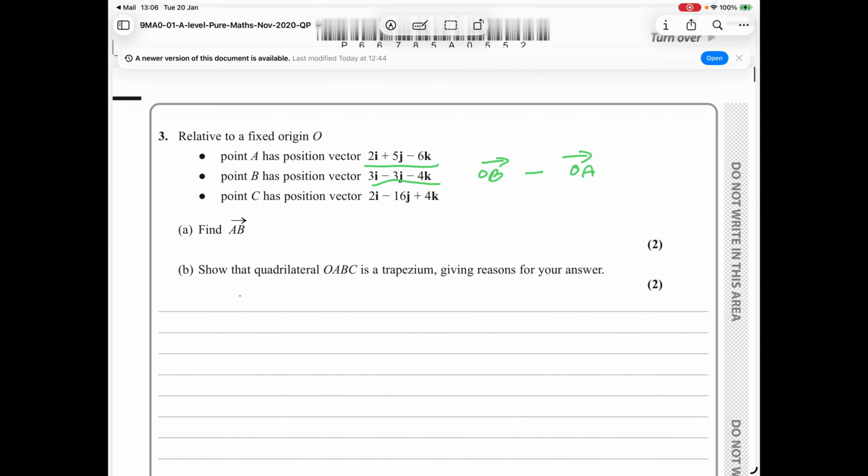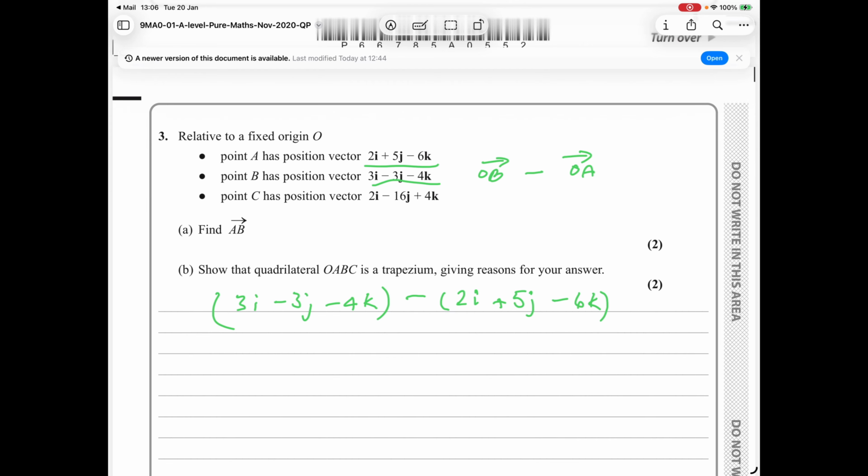So that means that we take 3i minus 3j minus 4k, and then we minus OA, which is 2i plus 5j minus 6k, and then we just do the individual things.